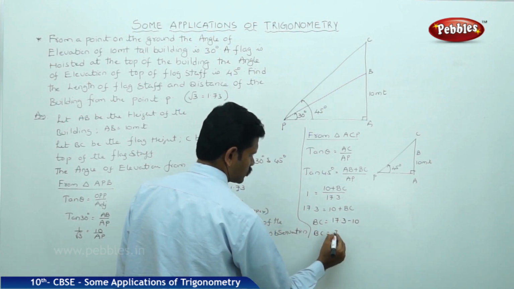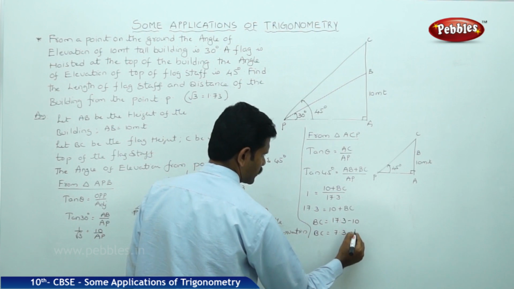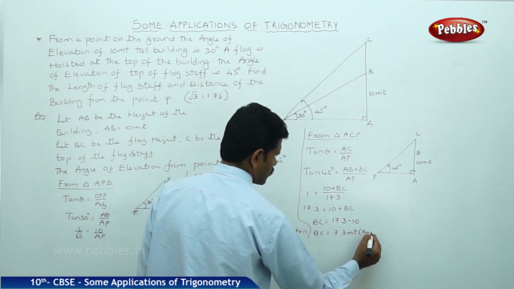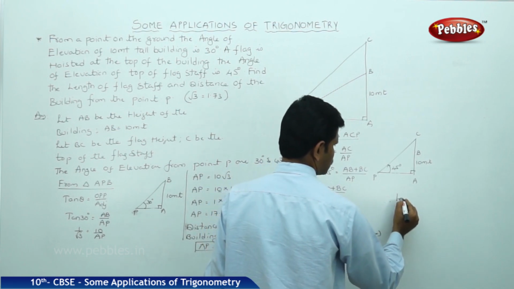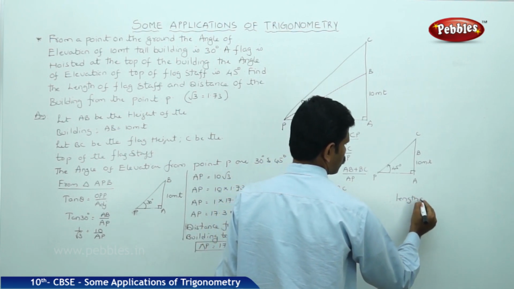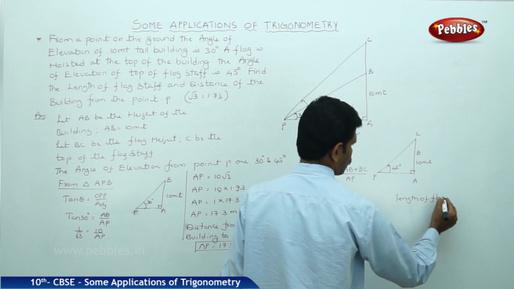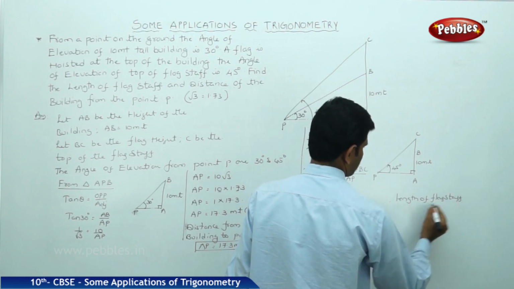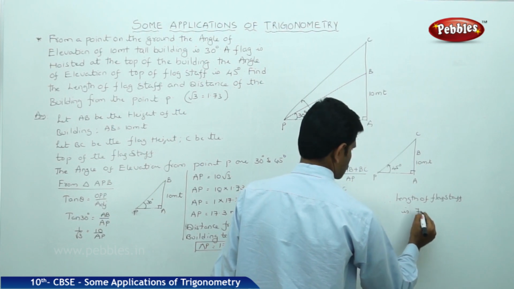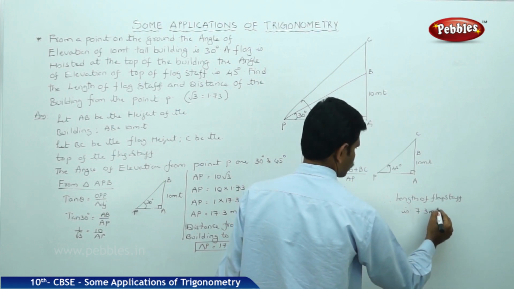BC is equal to 7.3 meters, which is approximate. Therefore the length of the flagstaff is 7.3 meters.